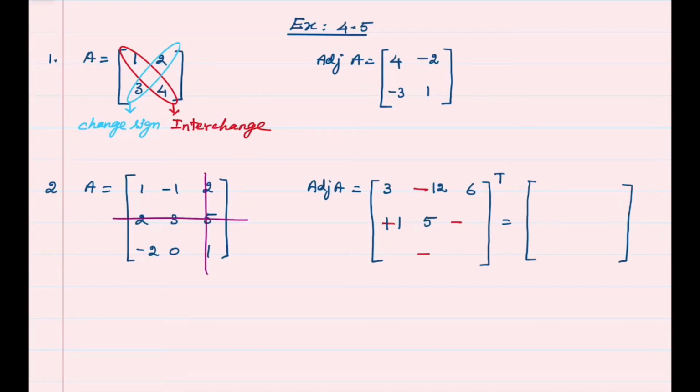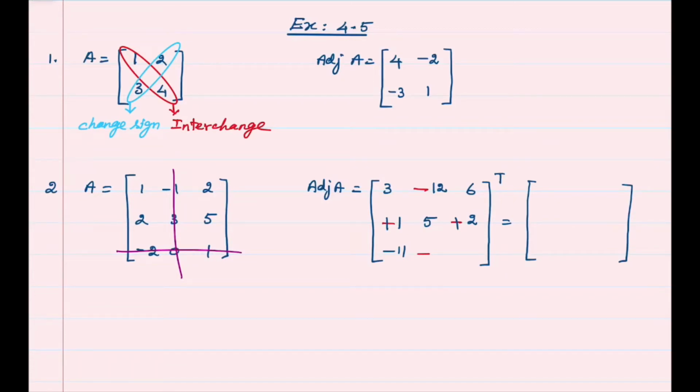Cofactor of 5, 0 minus 2, which is minus 2, but that position gets a negative sign, which becomes plus 2. Cofactor of minus 2, minus 5, minus 6, minus 11. Cofactor of 0, 5 minus 4, 1.